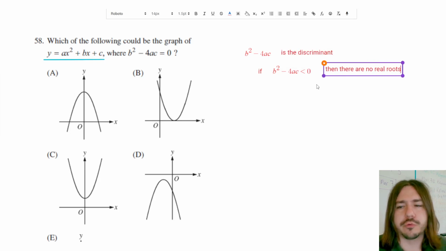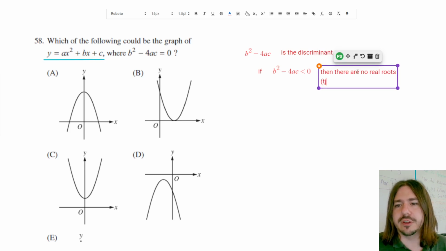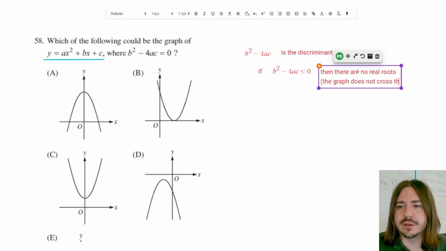And if there's no real roots, the way that's going to be represented on the graph is you're not going to have any x-intercepts. So in other words, the graph won't cross the x-axis. The graph does not cross or even touch the x-axis.